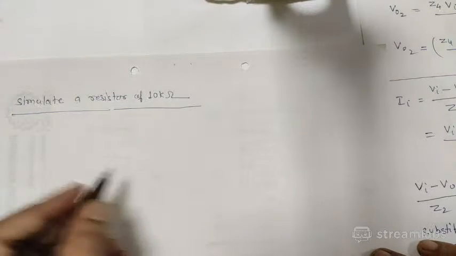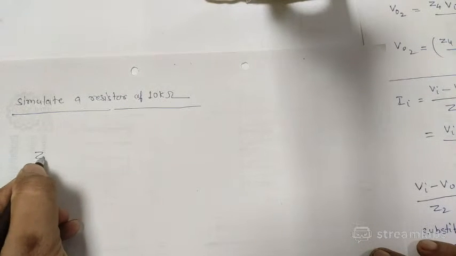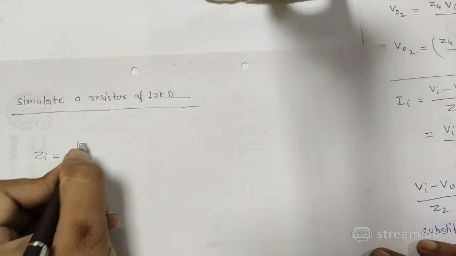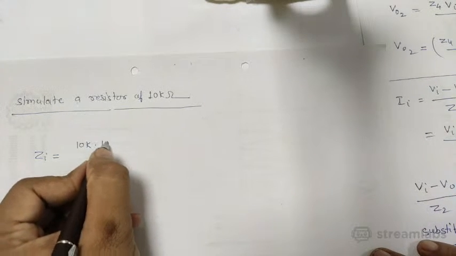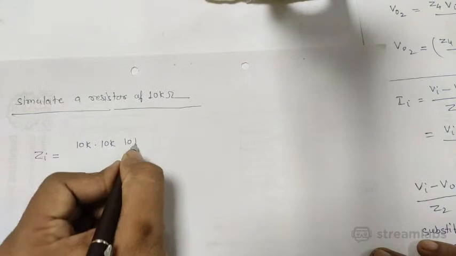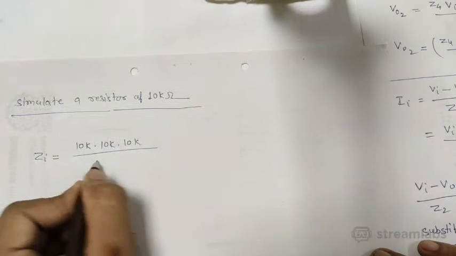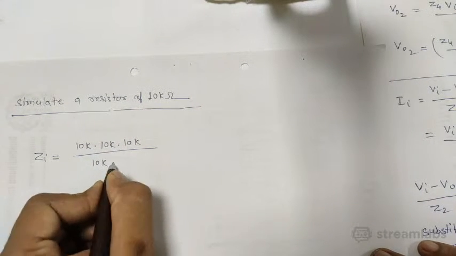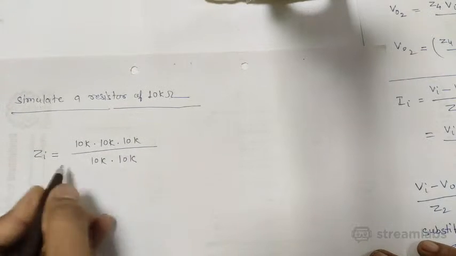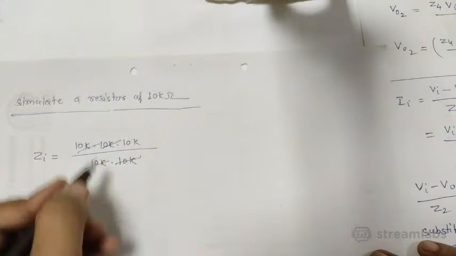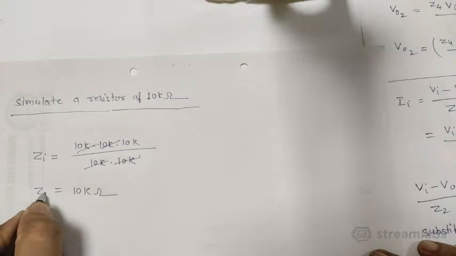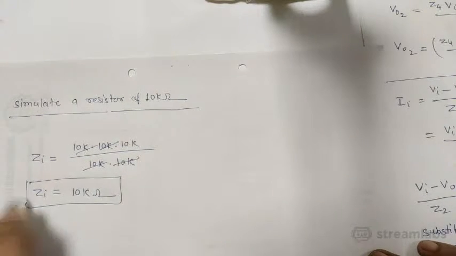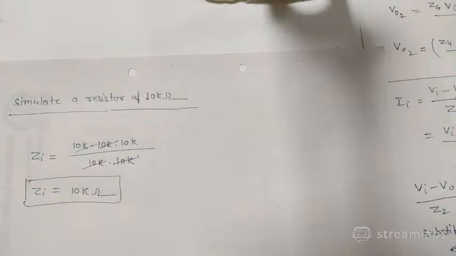So if I want to simulate, I will take Z1 10K and Z3 10K, Z5 10K, divided by Z2 10K and Z4 also 10K, all resistances of 10K. So these all will cancel, and I will get 10K ohm as the equivalent input impedance.